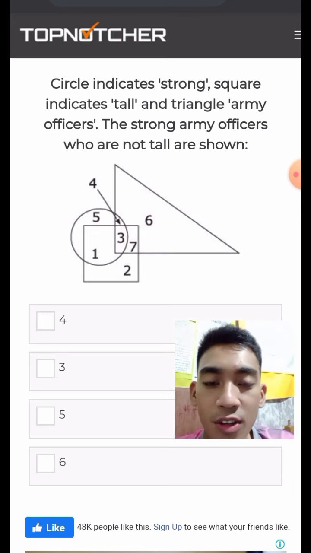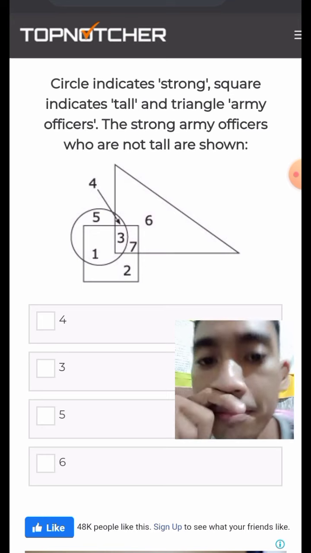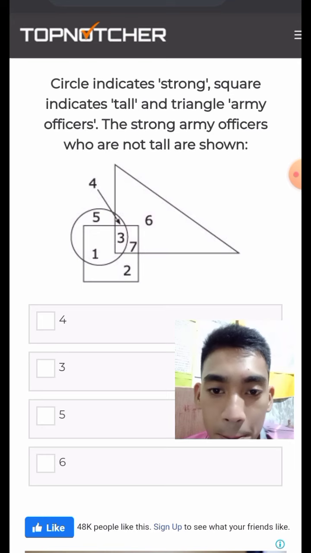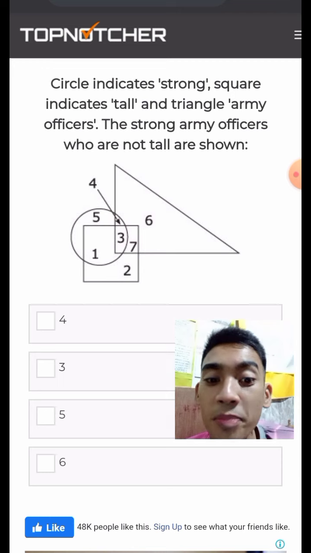If these officers are tall, then they are included with the square. So in this case, the strong army officers are not tall. It could be 4.